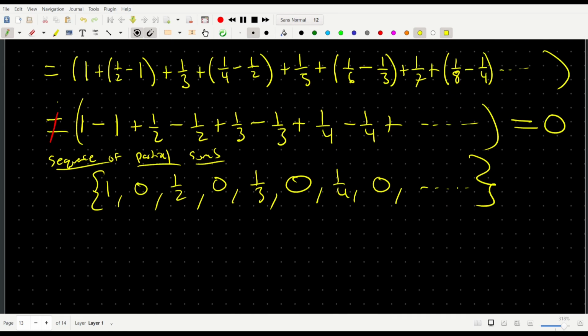So this infinite series right here is not the same thing as this infinite series right here, because they converge to different values.